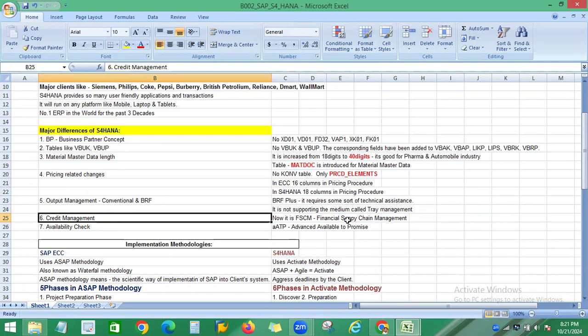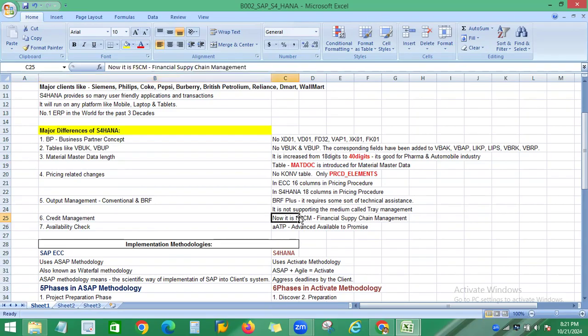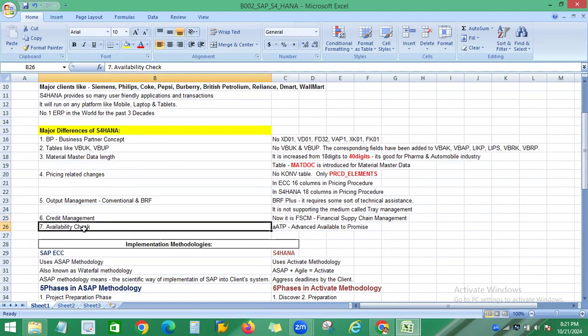So FSCM is introduced into SAP S/4HANA. And also one more thing regarding availability check. Availability check is also an important topic that we are going to learn in the upcoming days.